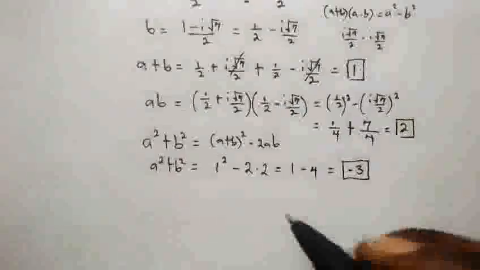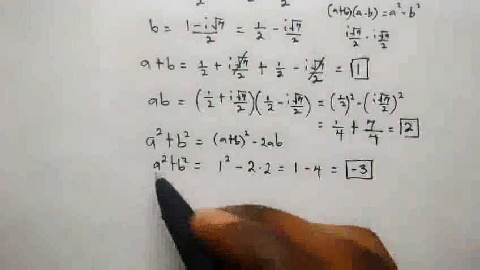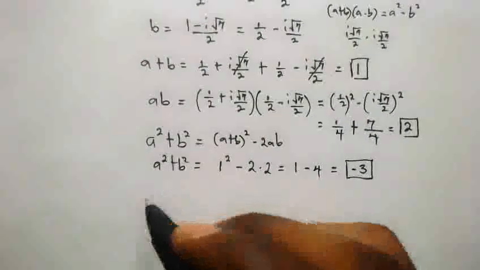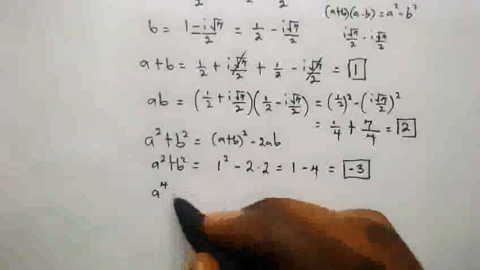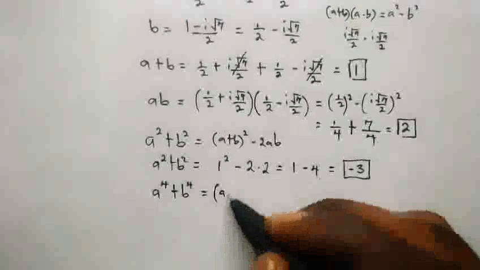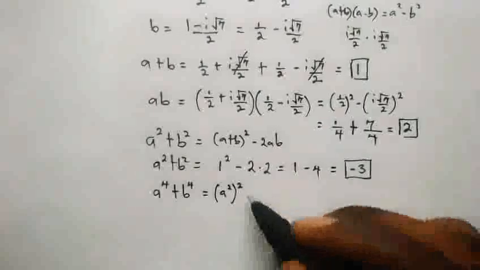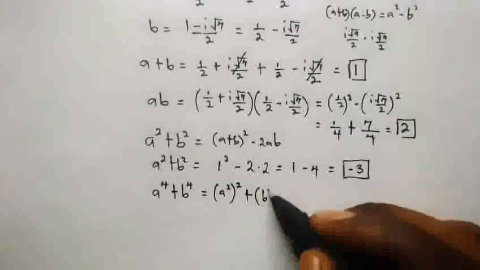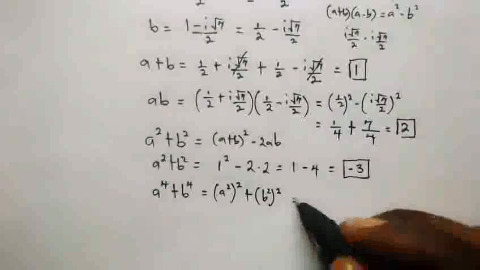Now let us go ahead and find when their power is 4. That is when we have A^4 + B^4. This is the same as (A²)² + (B²)².